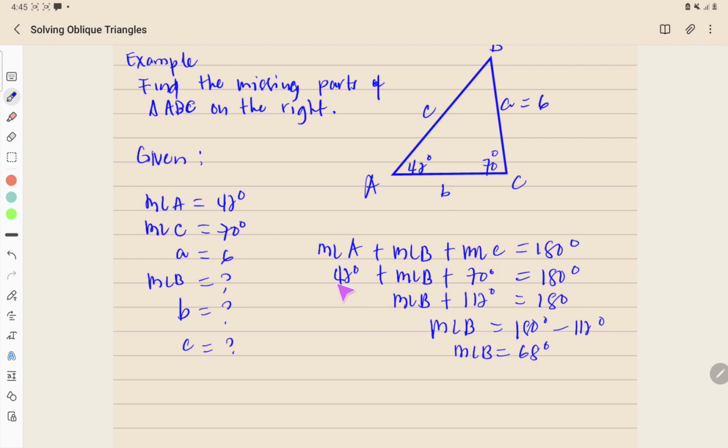Combining 42 and 70 gives 112. So the measure of angle B plus 112 is equal to 180 degrees, and the measure of angle B is 180 degrees minus 112, so angle B is equal to 68 degrees.